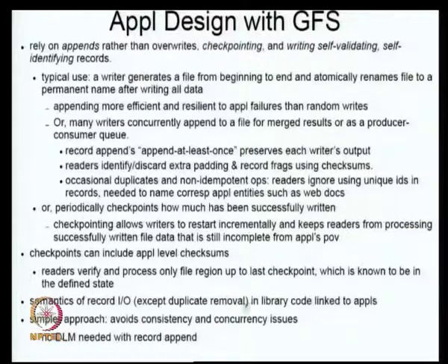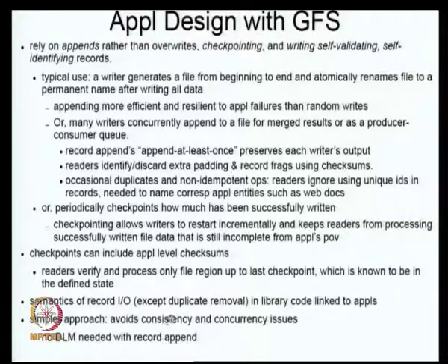So I'm not clear, but they say in the paper that except duplicate removal, everything is handled in the library code. Some of this is not handled. I'm not clear why. Okay. So this particular design is simple because it avoids concurrency issues because the appends basically take care of it without locking. Okay. So it avoids some of the concurrency issues because the file system guarantees atomicity of appends.